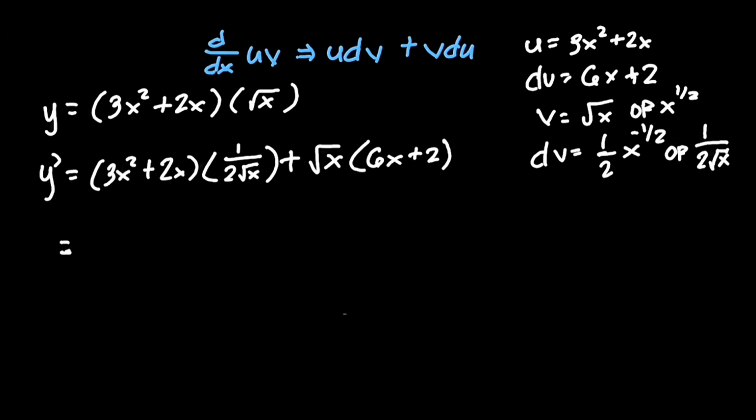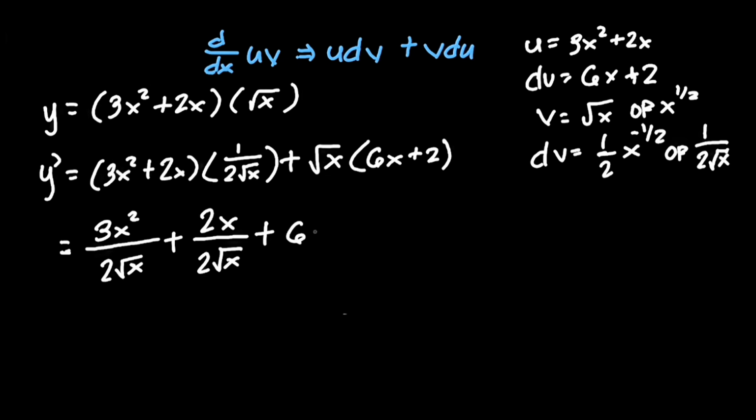Final answer now would be 3x squared over 2 multiplied by the square root of x plus 2x multiplied by 2 multiplied by square root of x plus 6x raised to the power of 3/2 plus 2 multiplied by the square root of x.